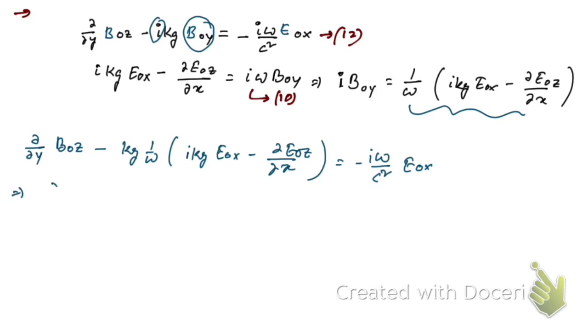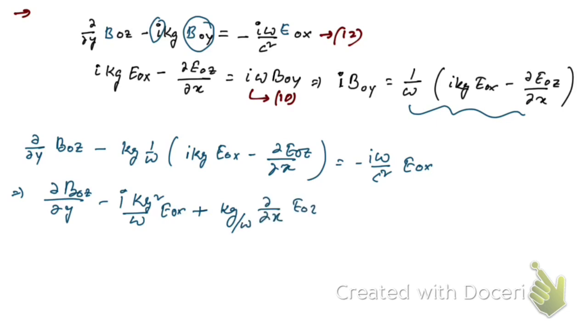Now if we simplify this, del B0z by del y minus i kz square by omega E0x plus kz by omega del x of E0z minus i omega c square E0x. So let me write E0x on the same side.